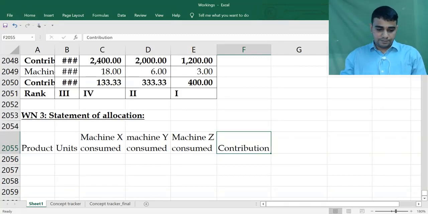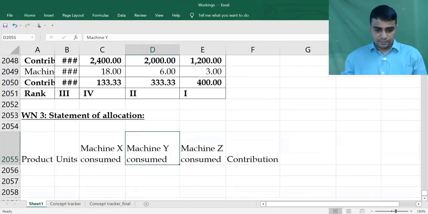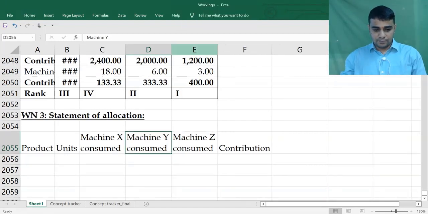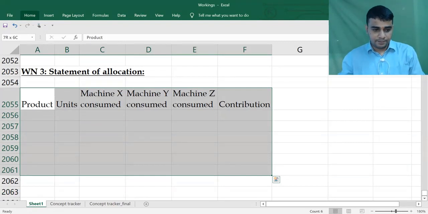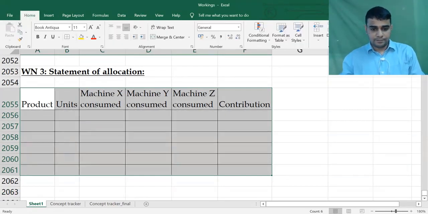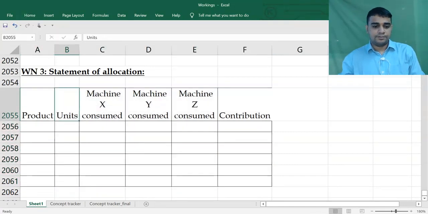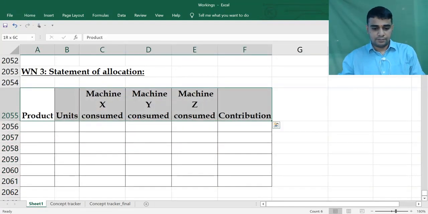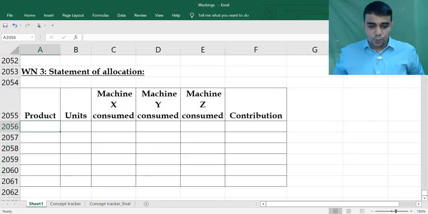So write this: product units, machine X consumed, Y consumed, Z consumed, contribution.